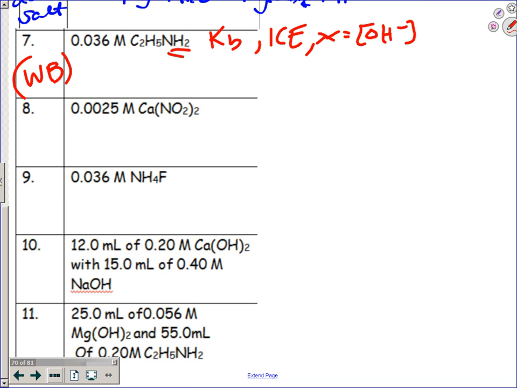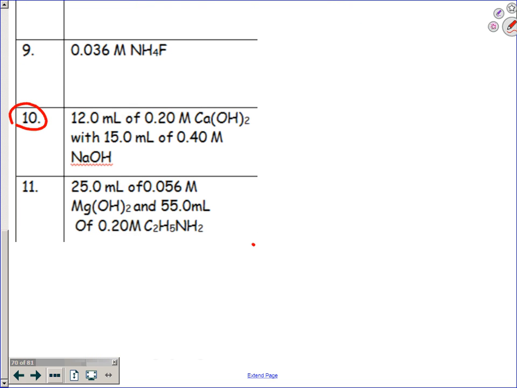How about 10? How would you approach 10? So what is this a mixture of? 2 strong bases. So what do you need to collect together? All the millimoles of both. But what's so weird about this one? It makes 2 hydroxides. So you'll get millimoles of calcium hydroxide and millimoles of sodium hydroxide.